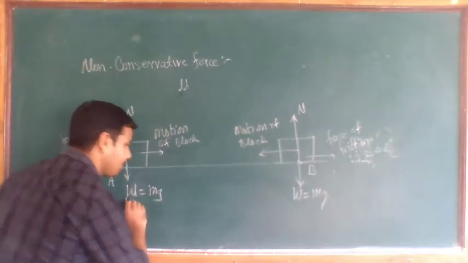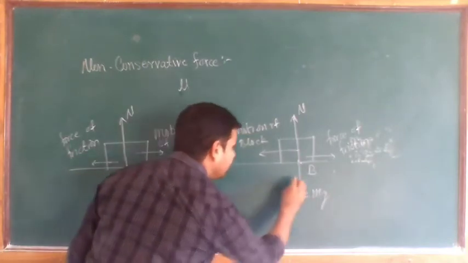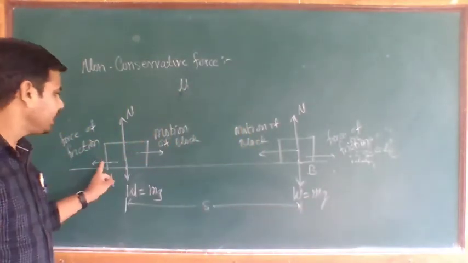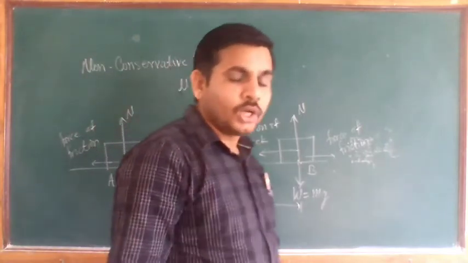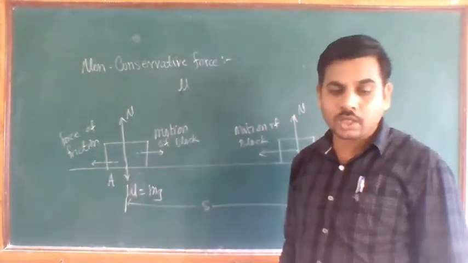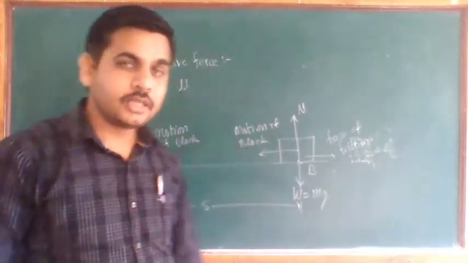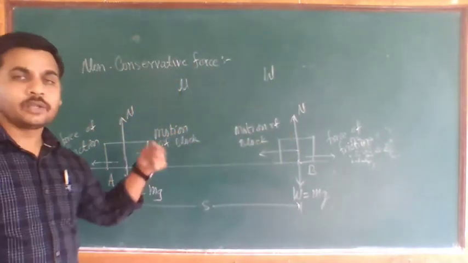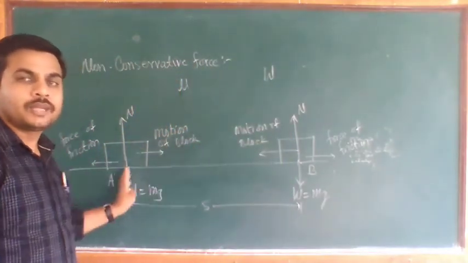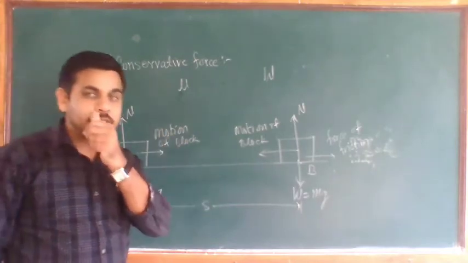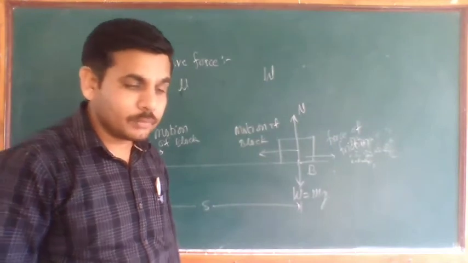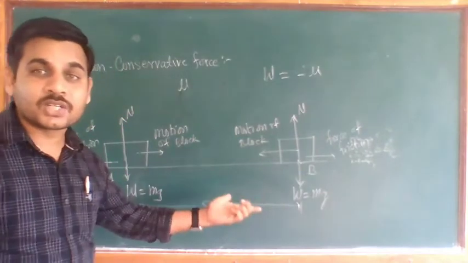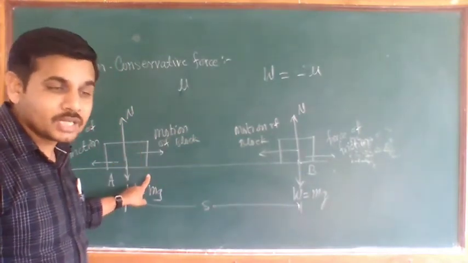From A to B, the displacement will be S. So for this total journey A to B, the displacement is S. During this displacement S of the block, the work done is, if you apply the force, the block will be moving from A to B. So the work done is nothing but minus mu, where mu is your coefficient of friction between the block and the rough surface.